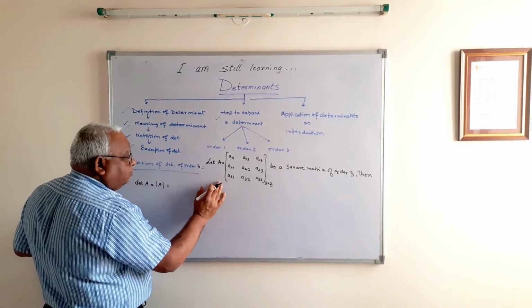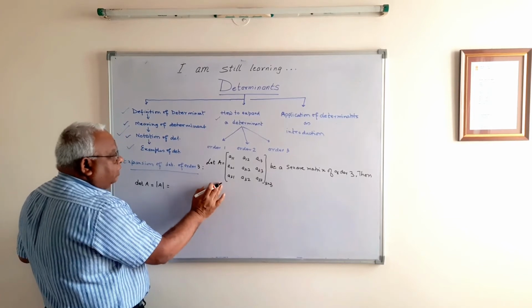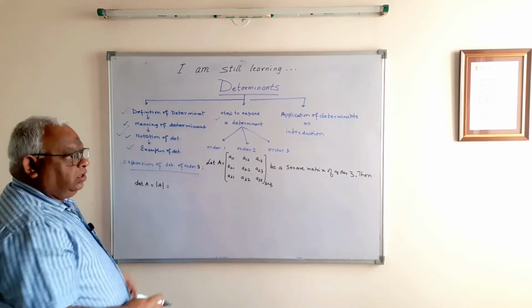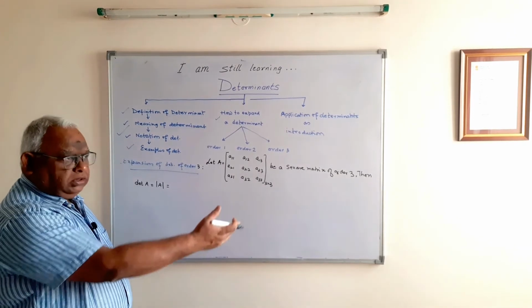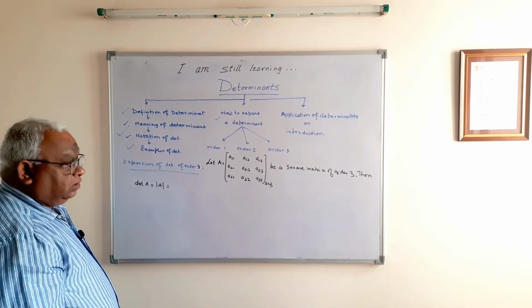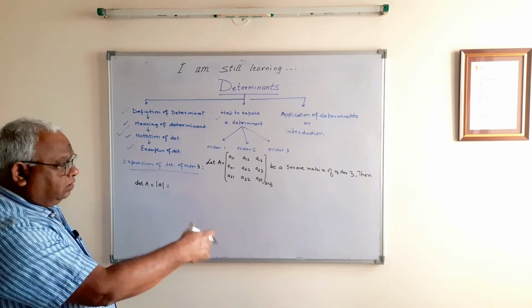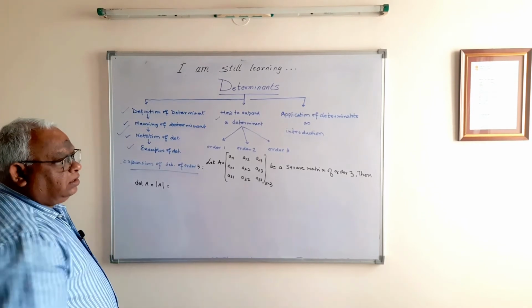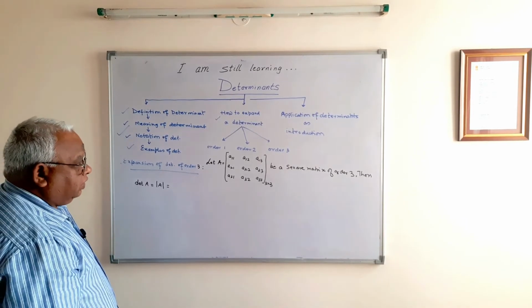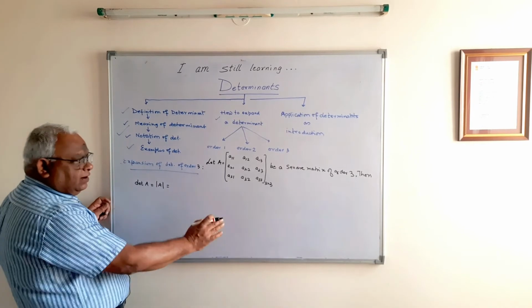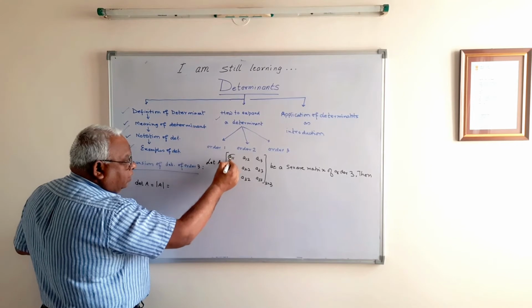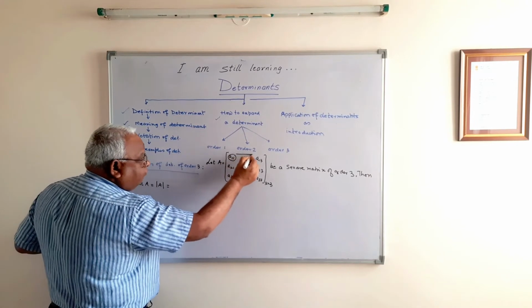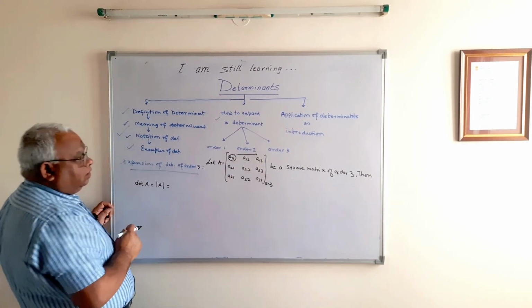If you are not able to understand the expansion of 3 cross 3, you will face a lot of problems later in determinants and solving systems of equations. So you must understand it very clearly. So I am expanding from the first row.